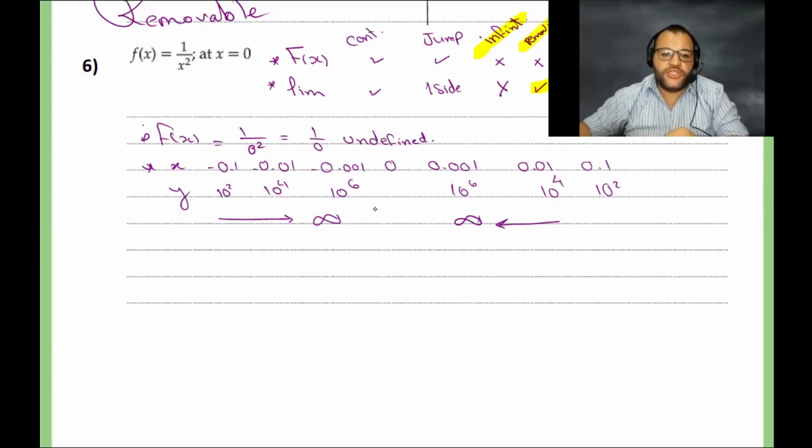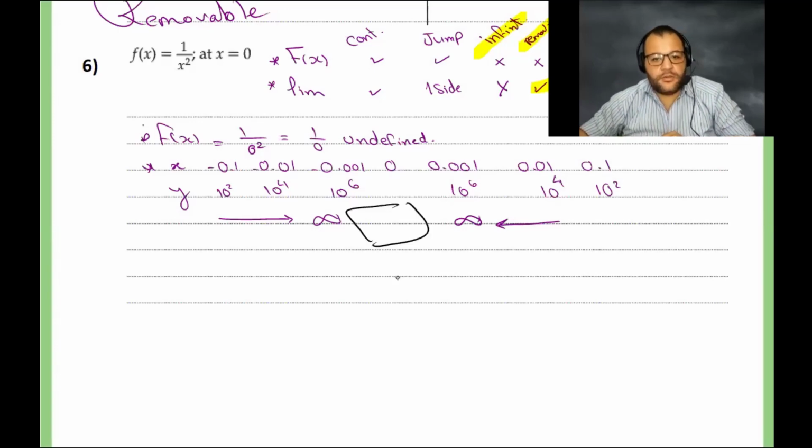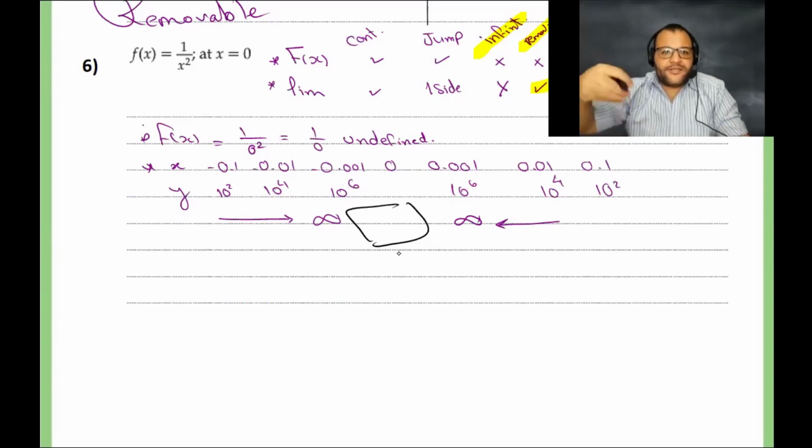Do you know this number here? No, it's going to infinite. What is this number? Undefined. There is no number for the infinite. It means you can't determine this one.